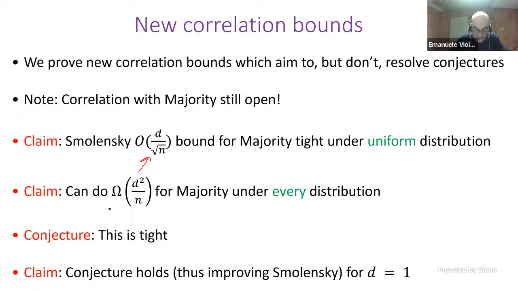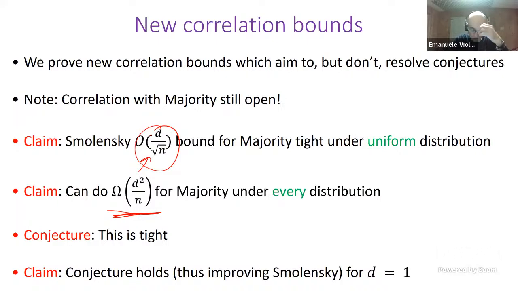This is a construction of polynomials which have correlation square of this. This is kind of weaker in terms of bounds, but it works under every distribution. For every distribution, I can give you a polynomial which has correlation d square over n, which is the square of the Smolensky bound. And I conjecture that this thing is tight. This I think is the tight bound for polynomials.